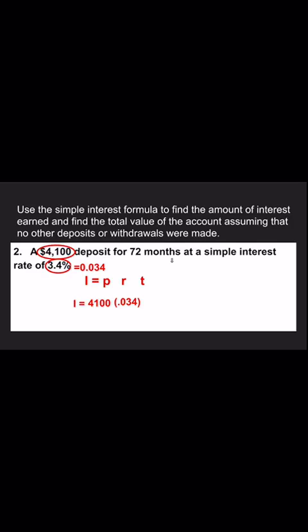And then the time, this is where it gets different. It says 72 months. But if you watch our other videos, we're only talking about years. So we have to divide 72 by 12 because there are 12 months in a year. 72 months divided by 12.